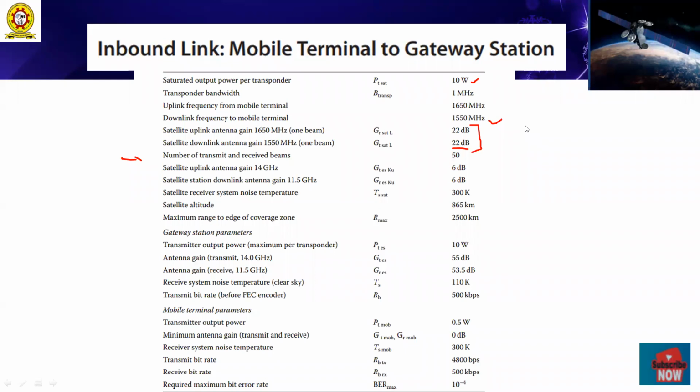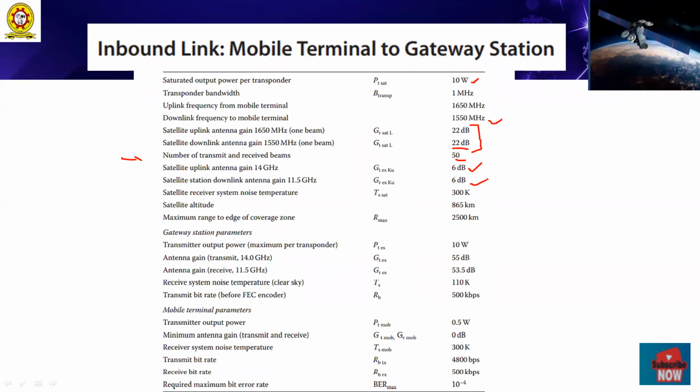The number of transmit and receive beams is 50 and 50. And similarly, the uplink gain equals 6 dB and the downlink gain equals 6 dB, both for uplink and downlink.